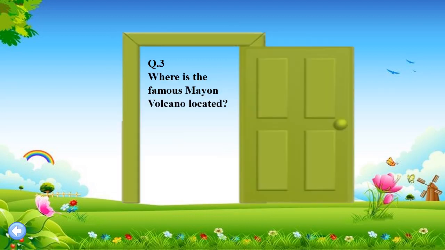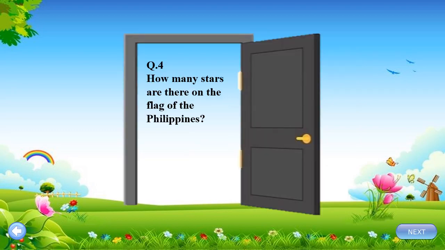Where is the famous Mayon volcano located? Very good. In the province of Albay. How many stars are there in the flag of the Philippines? Precisely. There are 3 stars.